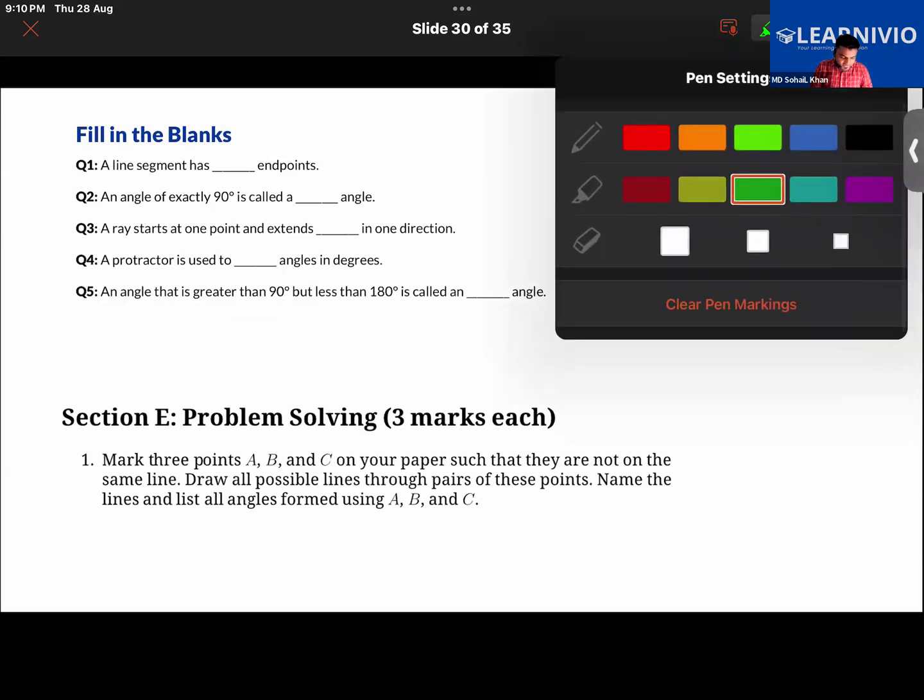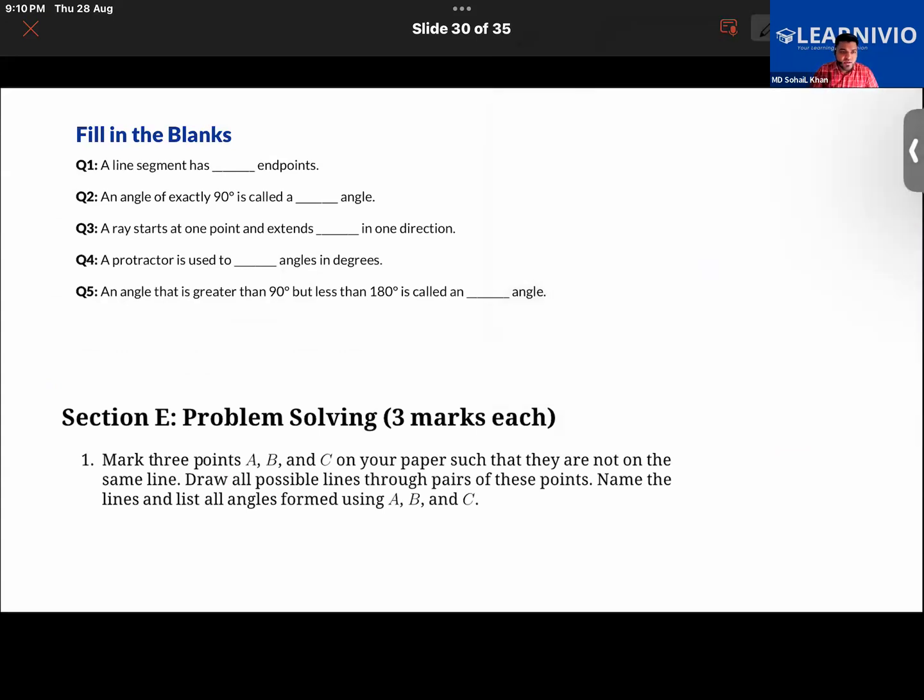Now this is a really simple one. A line segment has two endpoints. Next, an angle of exactly 90 degrees is a right angle. Next, infinitely, infinite.